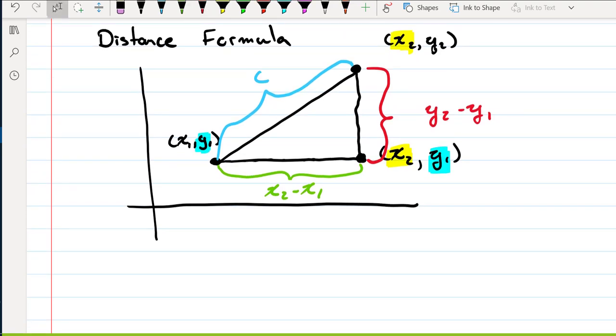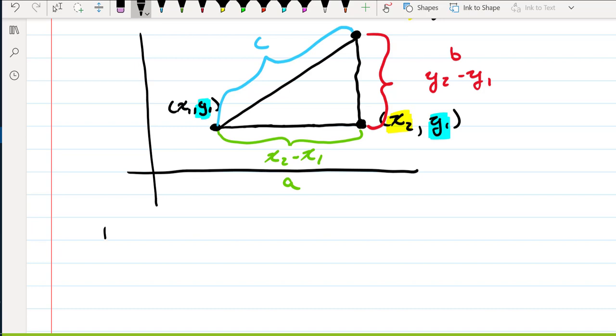Well, if that's the case, then we can call this our a, and we can call this our b, and then by the Pythagorean theorem, we have the following.